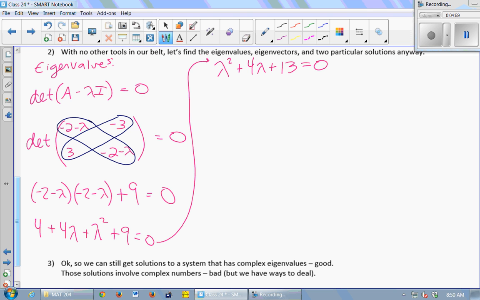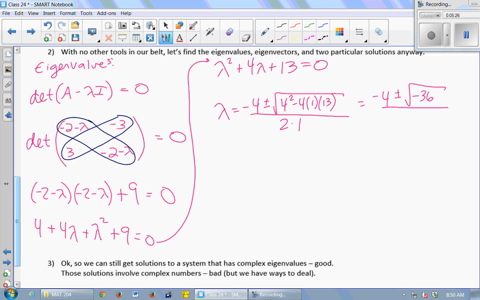I want to solve for lambda, so I use the quadratic formula. Lambda is going to be negative b, so that would be negative 4 plus or minus the square root of b squared minus 4 times a times c, all over 2a. So this comes out to negative 4 plus or minus the square root of negative 36 over 2. And that negative under the radical, the way we deal with that, you probably learned a long time ago if you haven't used it in a while.